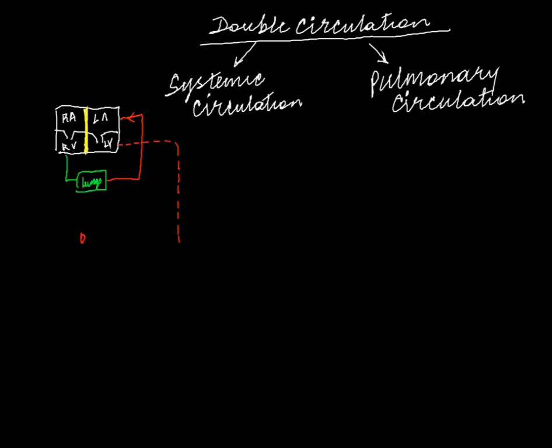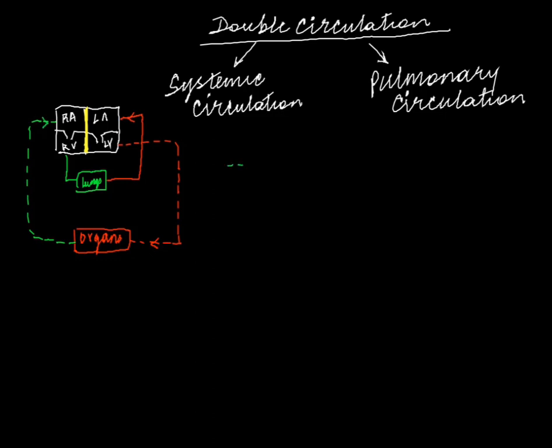And here you have all the organ systems, isn't it? Other organs apart from the lung. And there, the oxygenated blood will now go into these organs. There, they will lose their oxygen, absorb carbon dioxide, and the blood will get deoxygenated again. And this deoxygenated blood will now come back to the right atrium, and then it will go to the lungs again.